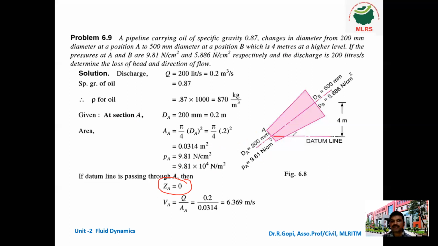This datum line is passing through point A, which is the center point of the pipe at section A. So ZA is equal to 0, because the datum line is passing through point A. Now what is ZB? The ZB value is given in the question as 4 meter. So this is your ZB.